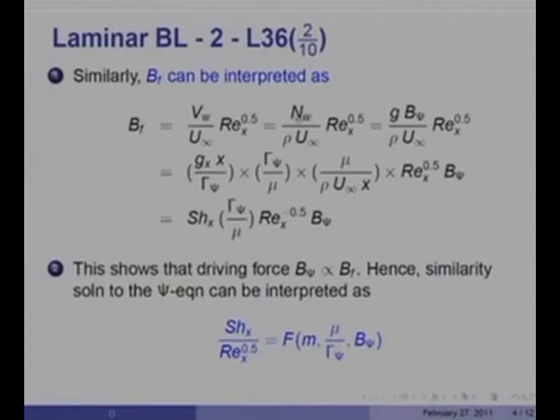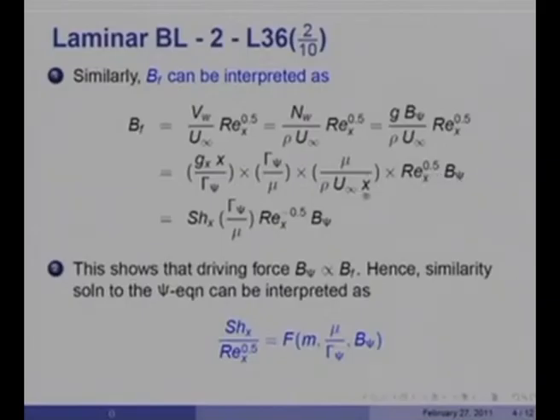V_w is nothing but N_w divided by rho, and therefore, N_w by rho u_infinity Re_x to the half, and N_w is G times B_psi divided by rho u_infinity Re_x to the half. I am going to now multiply this with x and divide by x, as well as multiply by gamma_psi and divide by gamma_psi. Then you will see this will become G x by gamma_psi into gamma_psi divided by mu into mu by rho u_infinity x into Re_x to the half B_psi.